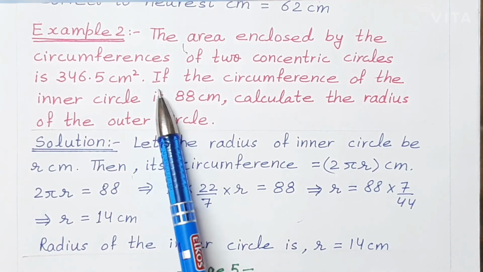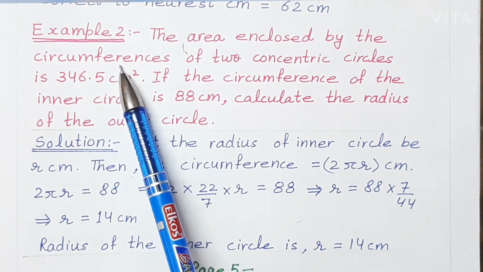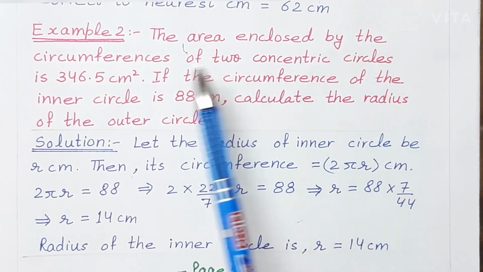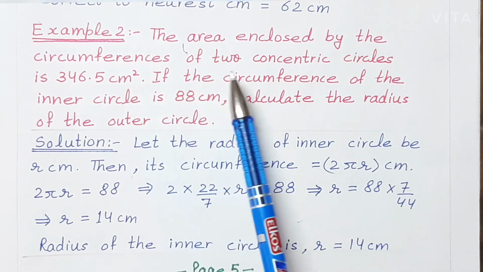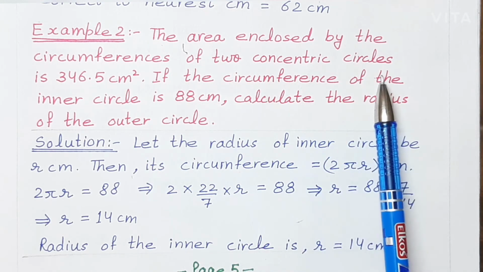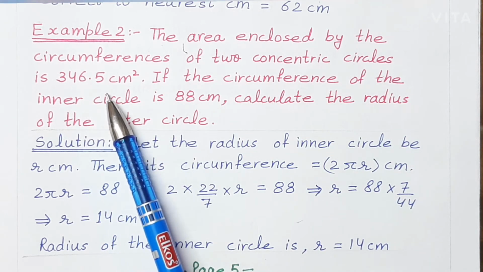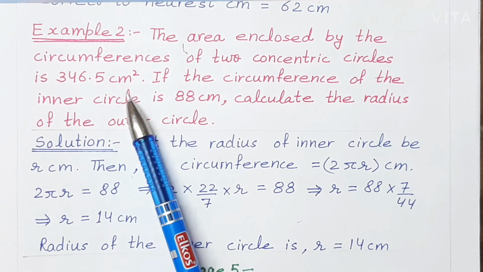Now students, see example number 2. The area enclosed by the circumference of two concentric circles is 346.5 centimeter square.